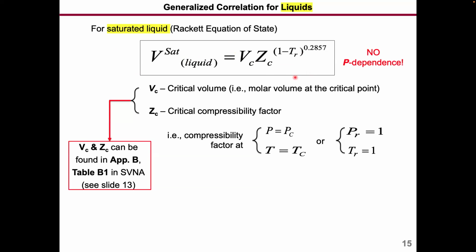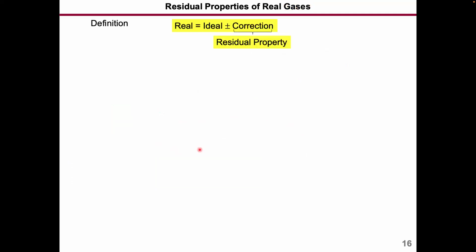Again, remember, once you know these EOS, if you know the heat capacity CP values, then you can calculate delta S, delta H, delta U between two states by using integrals. All right, so now we've talked a lot about real gases and ideal gases. What's the difference between these two? The difference is quantified by so-called residual properties.